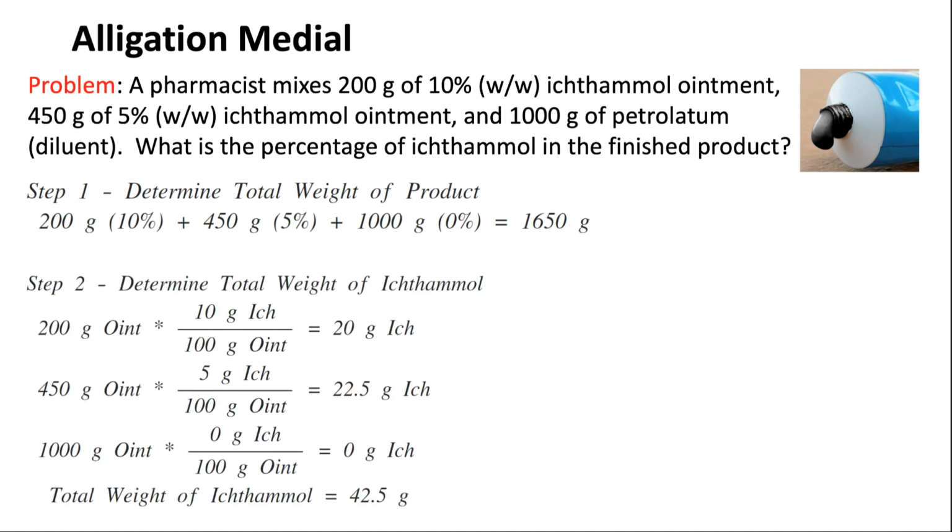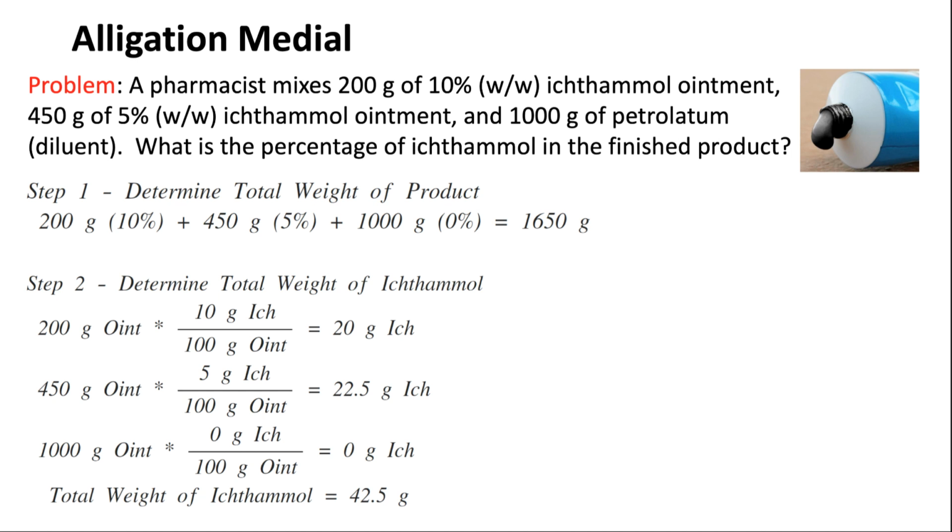So step one was just to determine the total weight of the product. Step two will be to determine, of that weight, how much of it will be our active ingredient, in this case, the ichthammol. To do that, we simply need to take the weight of each product that we're using times its concentration. And the concentrations we were given were as a percent weight per weight. So let's start with our first ingredient, which was the 10% weight per weight. And it says we are adding 200 grams of that.